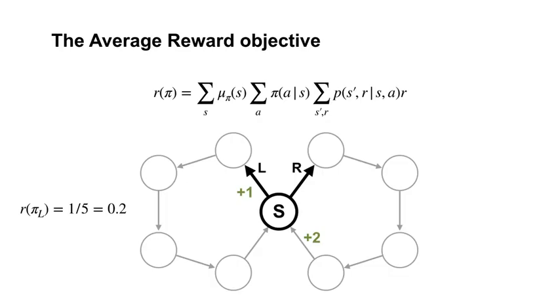Most states in the right loop also have 0 immediate expected reward, but this time the last state gets +2. This gives an average reward of 2 every 5 steps, or 0.4. We can see the average reward puts preference on the policy that receives more reward in total without having to consider larger and larger discounts.